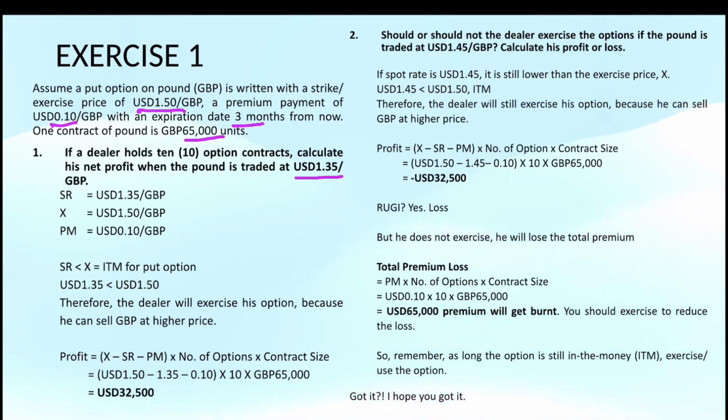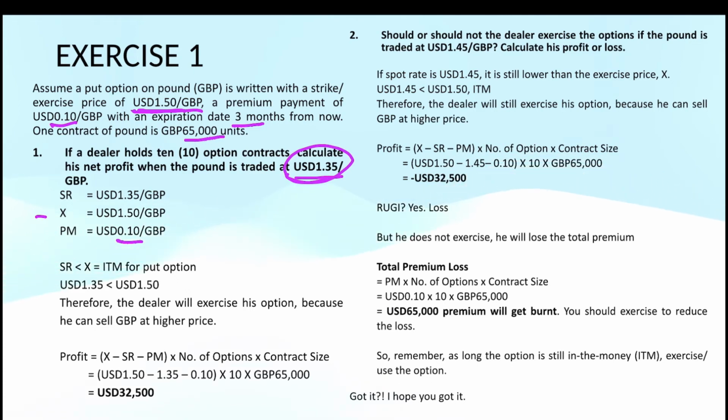For example, the spot rate is 1.35. The exercise rate is 1.50. And the premium price is 0.1 per GBP.